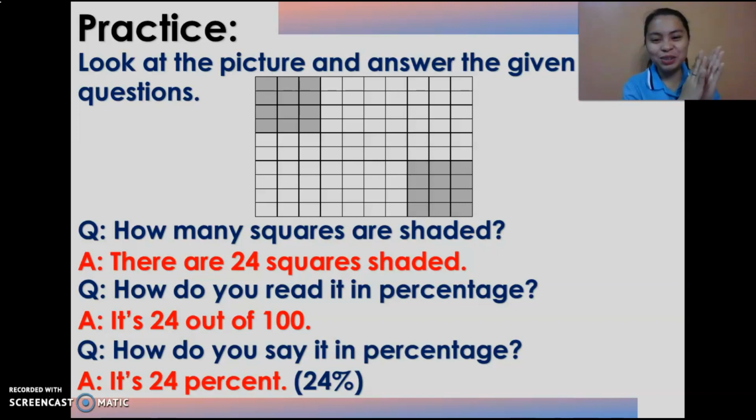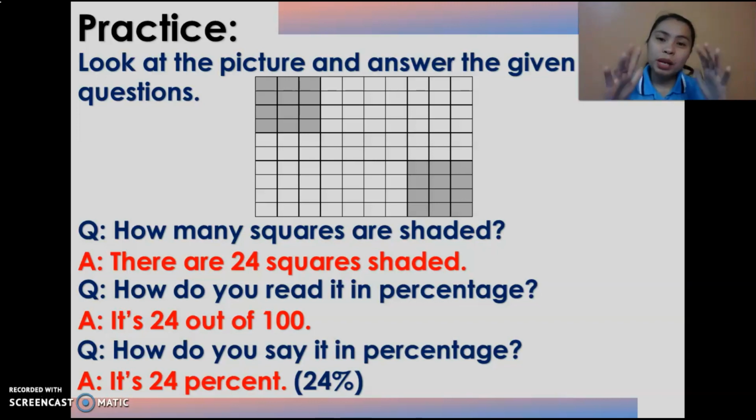Very good. Okay, so I hope you understand the lesson for today. It's all about percentage. Let's have a review. We already know that percent means out of 100, and you already know the symbol for percent.